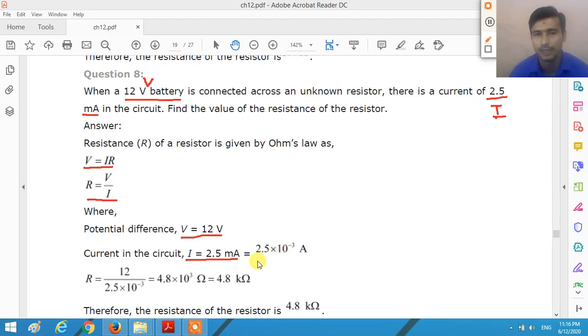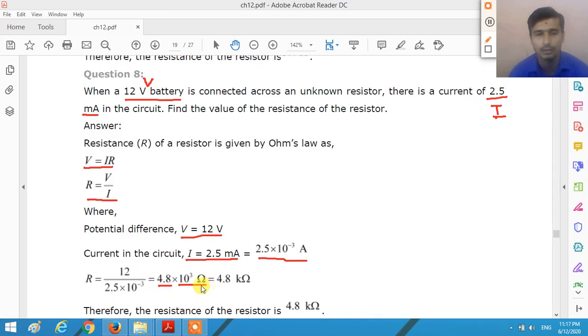So 2.5 milliampere is 2.5 into 10 raised to power minus 3 ampere. By placing the values, 12 divided by 2.5, we get the answer 4.8, and 10 raised to minus 3 we take in the upward direction, it is 10 raised to 3 ohm.